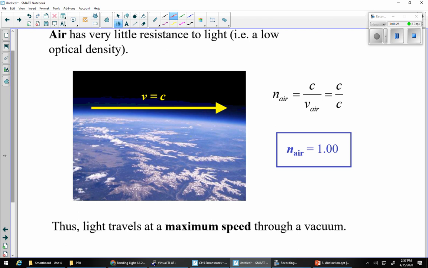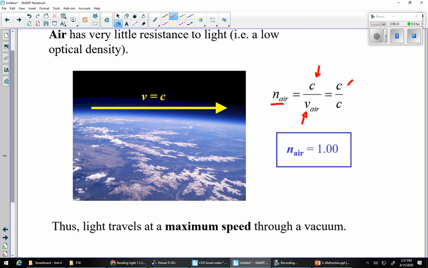So when you think about this in this formula, essentially what we've got is our optical density of air, well, that's c divided by v, right? So c, the speed of light in a vacuum, v, the speed of light through air. But if they're the same speed, for all intents and purposes, or at least for our course, they're going to look like they're the same speed.